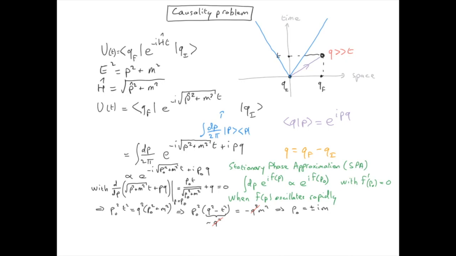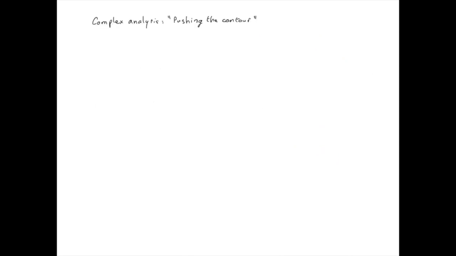complex analysis first. So let's look at a basic technique in complex analysis, which is pushing the contour. Take, for instance, the integral of a function f of z from z1 to z2 over dz along the real axis.